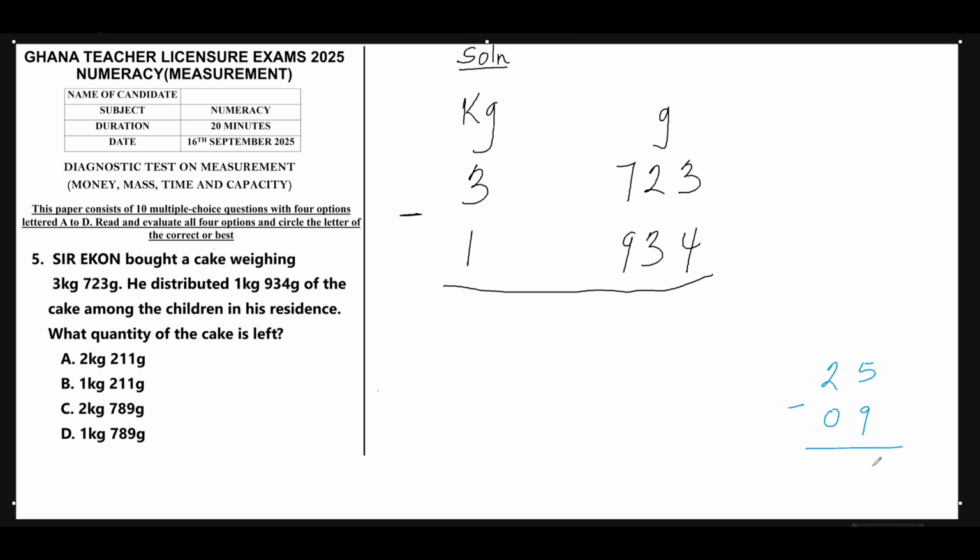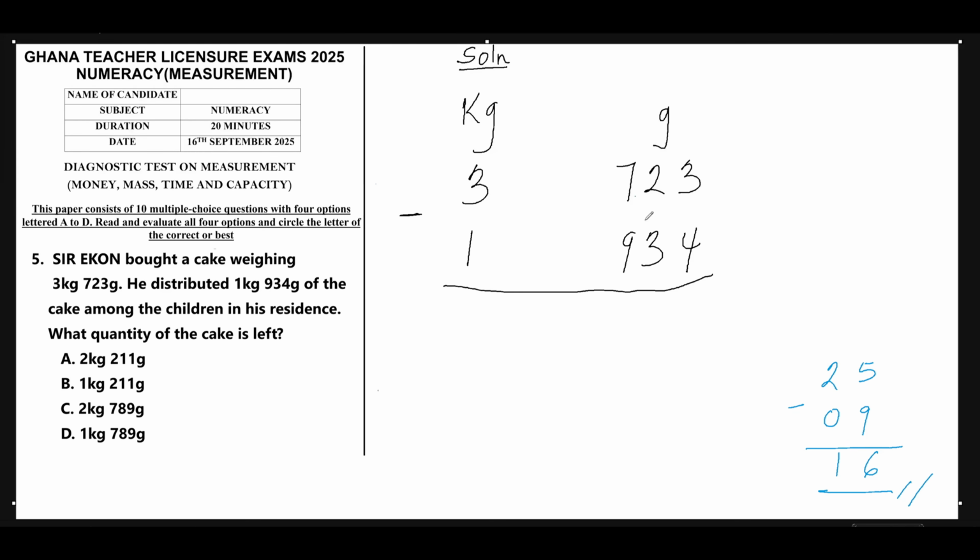Since we cannot get negative, what do we do? We move on to the next column. We borrow 1. So borrowing 1 here becomes 10. Then 10 plus 5 is 15, and 15 minus 9 is 6. We have already taken away 1, so we are left with 1, and 1 minus 0 is 1. So the final result is 16.